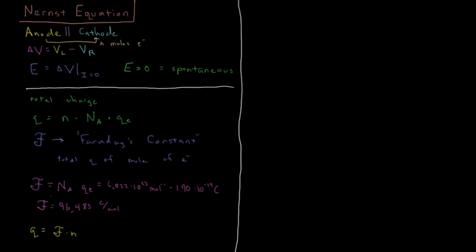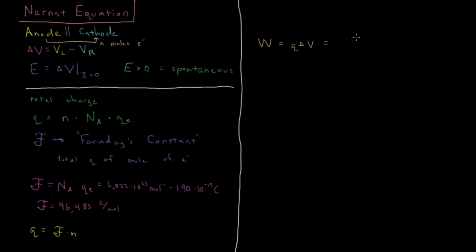All right, so how much work is getting done, or how much work can be done by these electrons traveling through this voltage? Well, voltage is just in units of joules per coulomb. So if we multiply joules per coulomb times coulombs, then we get joules. So the amount of work that's done by an electron traveling through an electric field, or any charged particle traveling through an electric field, is equal to the charge times the change in potential.